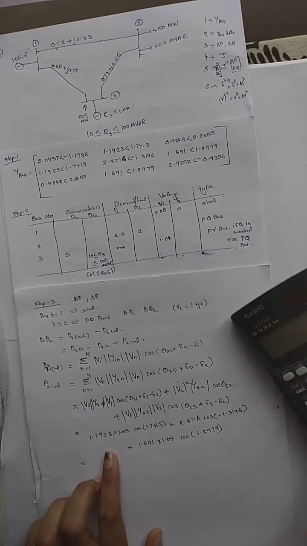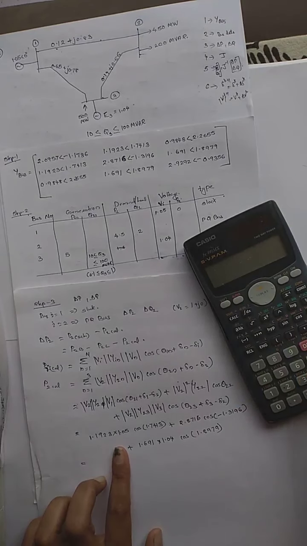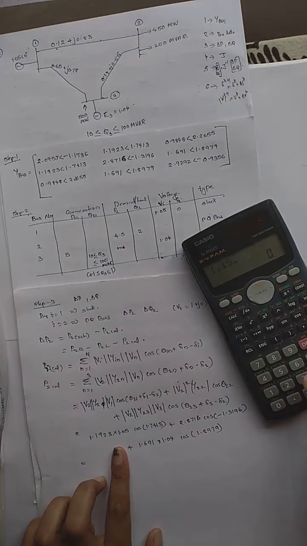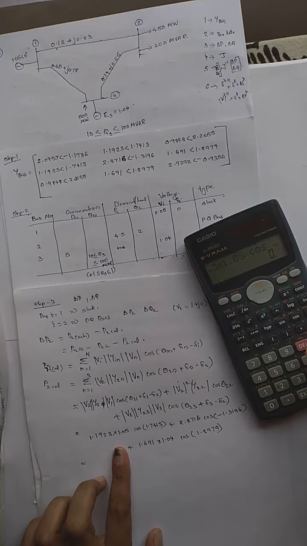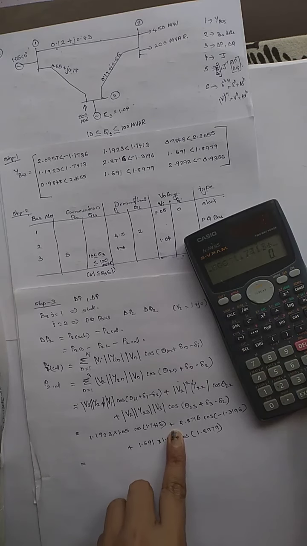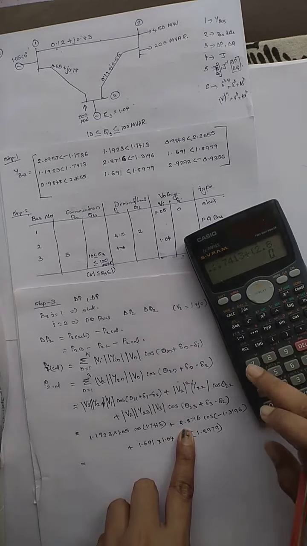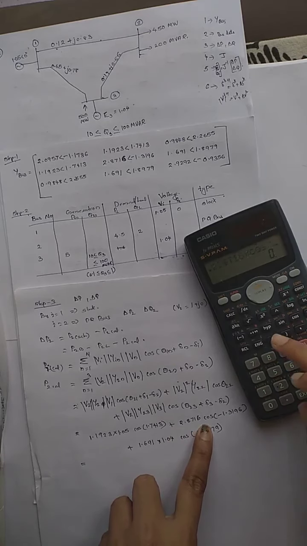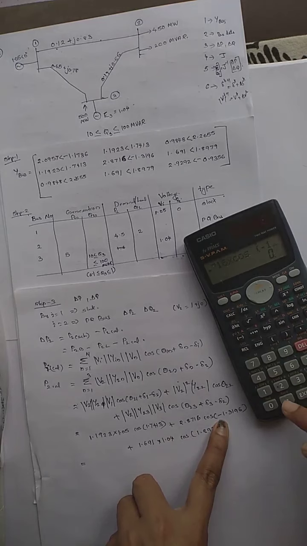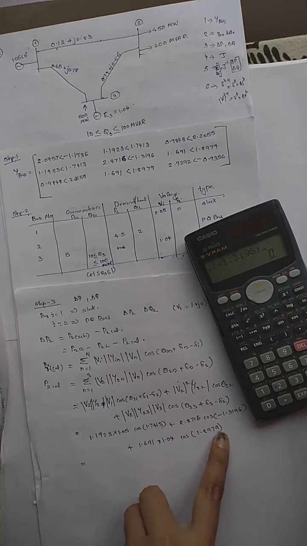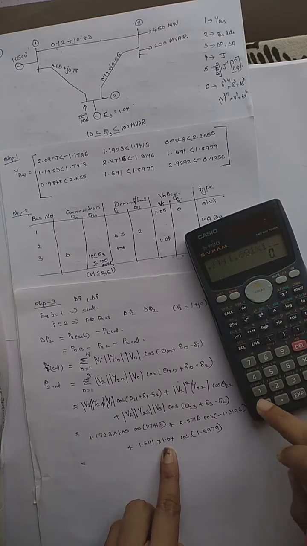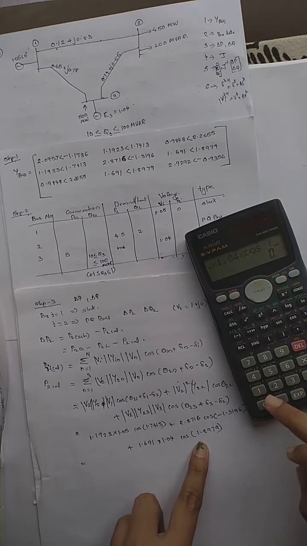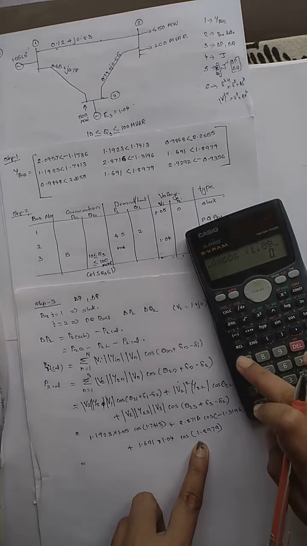I am doing the calculation. So it is 1.193 into 1.05 into cos of 1.7413, plus 2.8716 into cos of minus 1.3196, closing the bracket, plus 1.691 into 1.04 into cos of 1.8979.